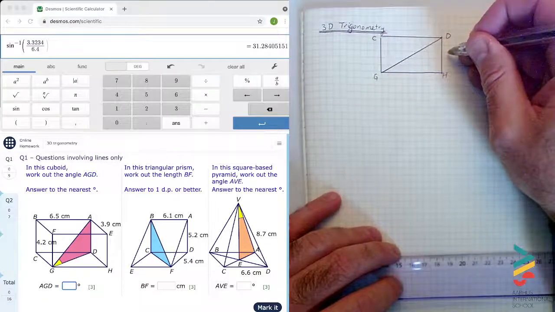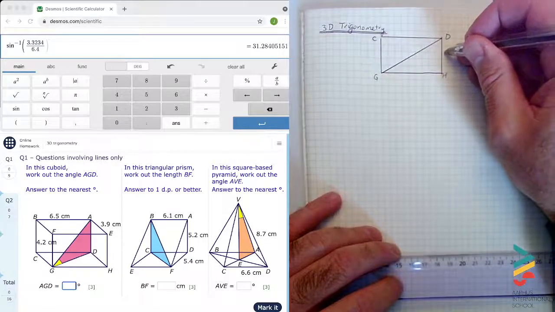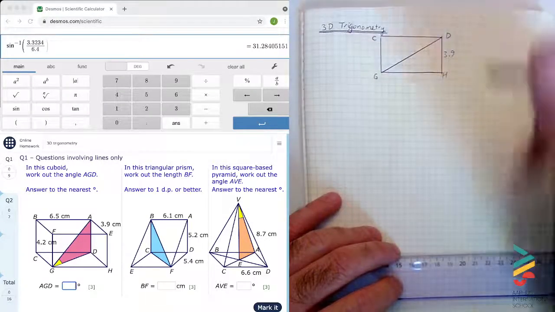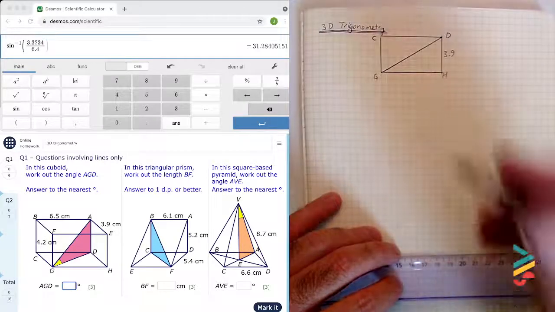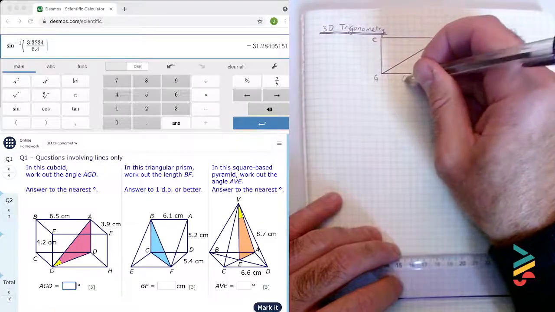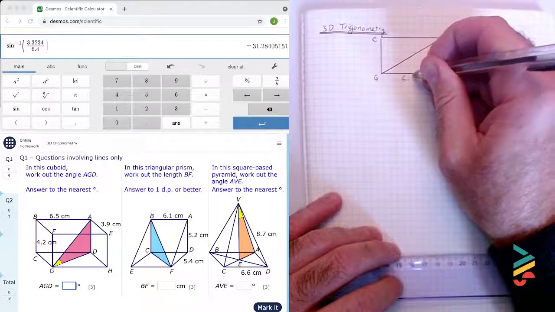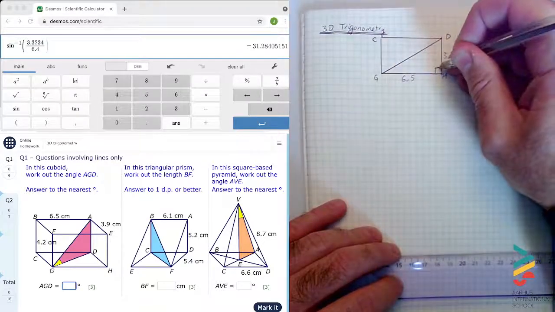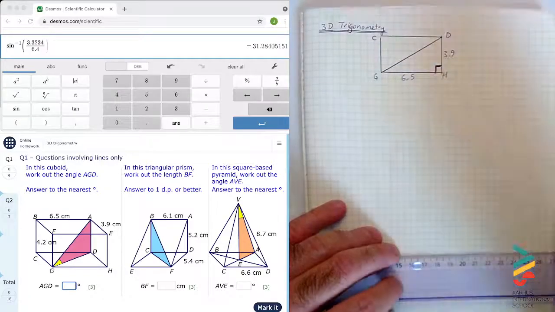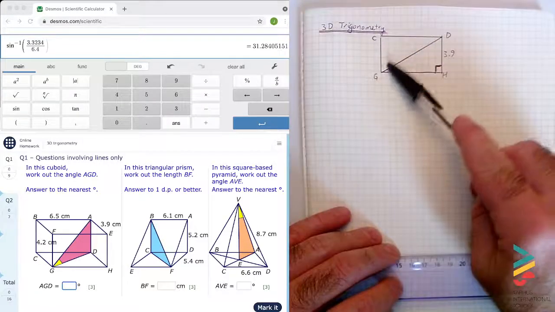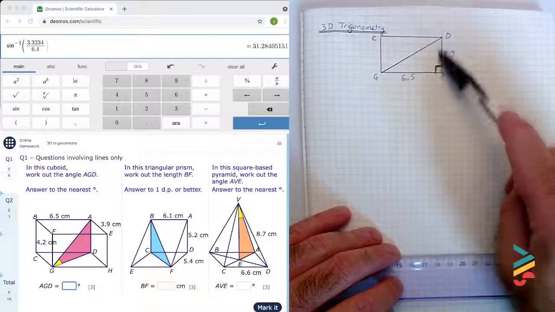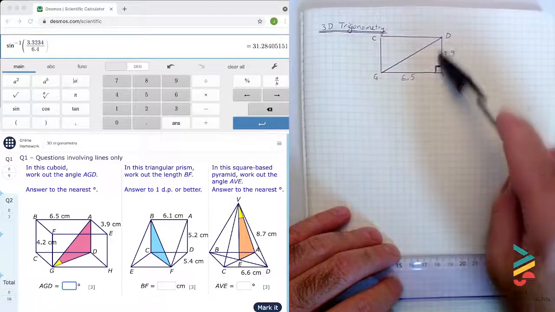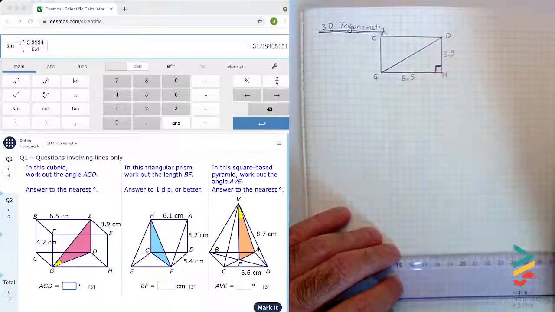And we've got enough information to figure that out because DH is 3.9, we can see that from the question. GH is 6.5, so they're just the sides of the cuboid. And then we've got a right angle in there, and we've just got to work out the hypotenuse of a right angle triangle DGH.